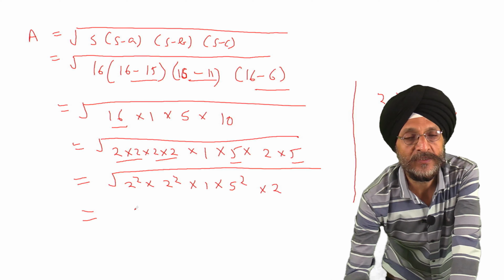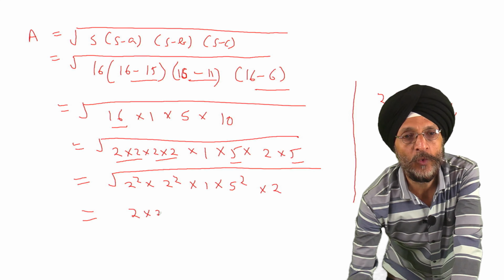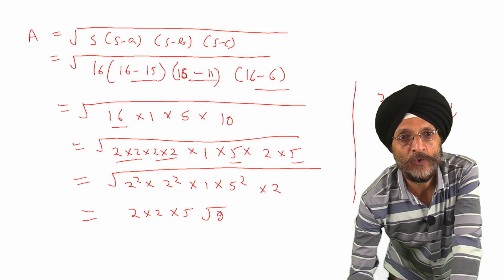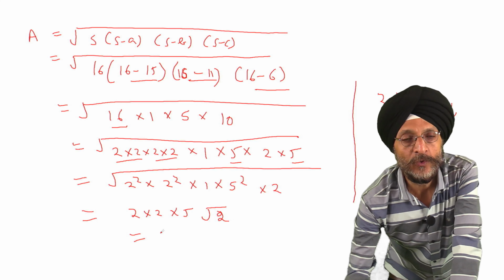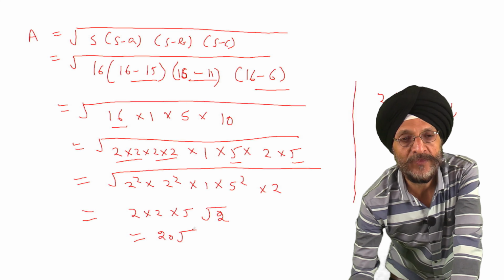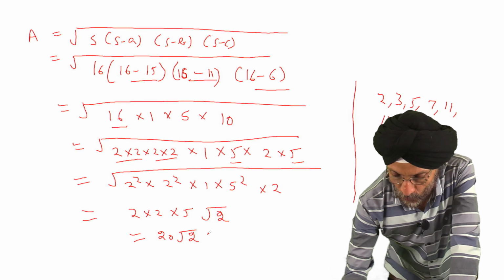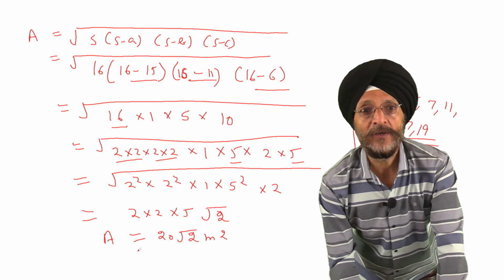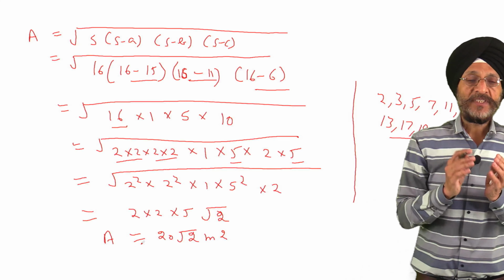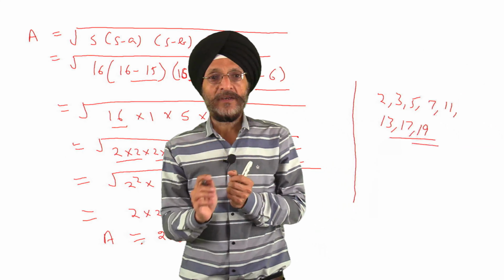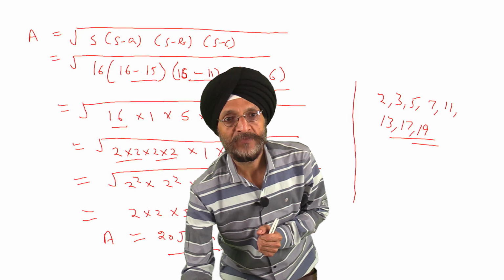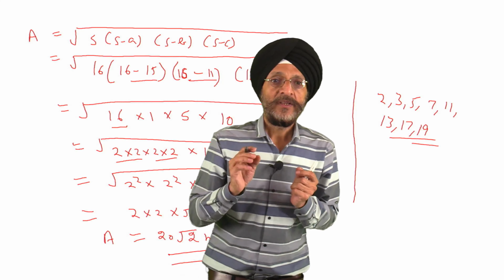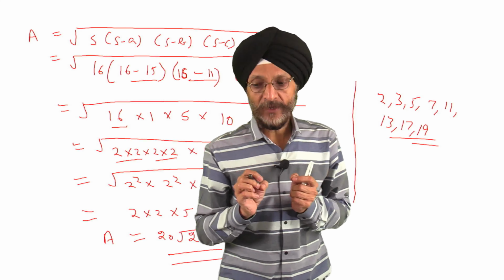So what is 2 into 2 into 5 under root 2? So 20 under root 2 square meter. This is the area of the wall which has to be painted in color. This is the answer. 20 under root 2 square meter.